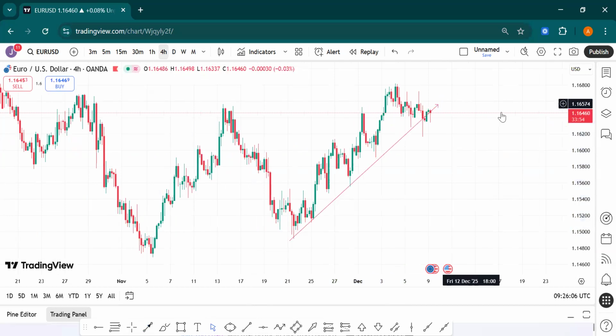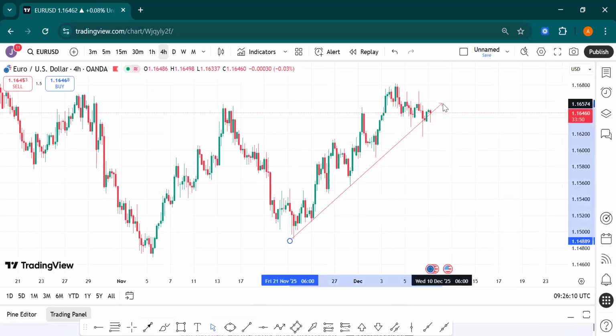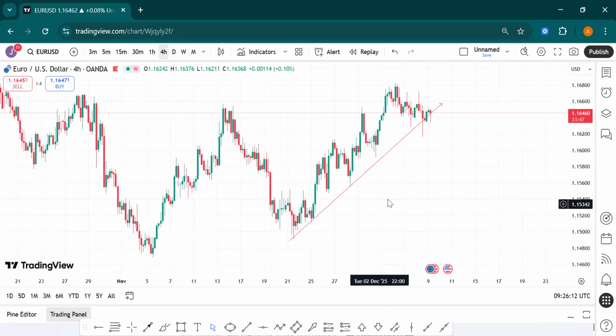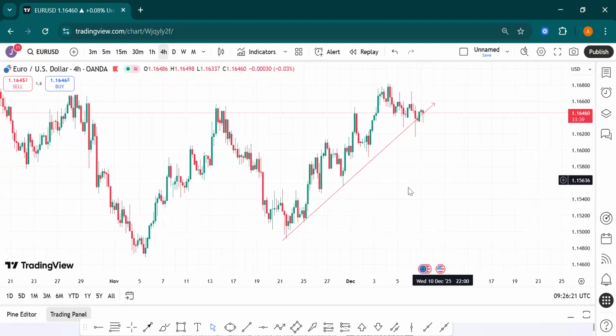Uptrend. Yeah. So this is an uptrending market. Because I have my trend line here, the trend line helps to guide me. Even simply looking at it from the illustration I just gave with those diagrams, you can simply see that this is an uptrending market.